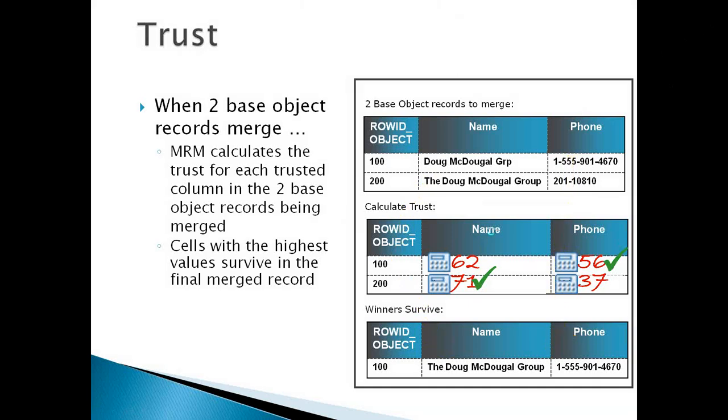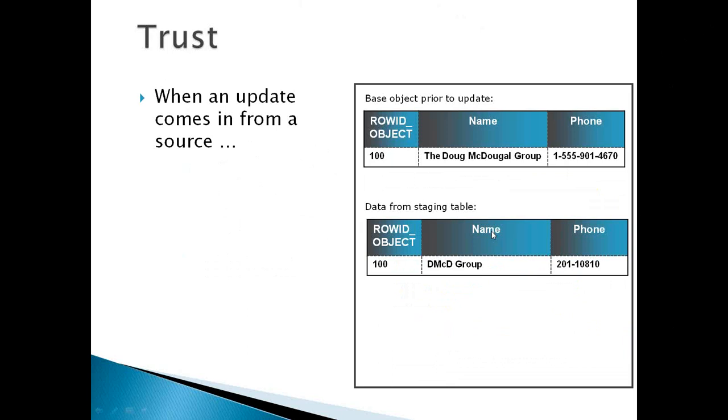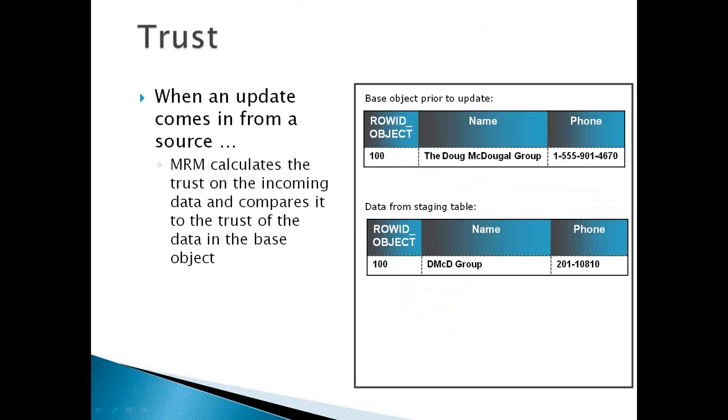Similarly, the other scenario is an update scenario. In the update scenario, I have the same record. I have like 71 and 56. This is my base object record on the top, and from the second, I have data from the staging table.